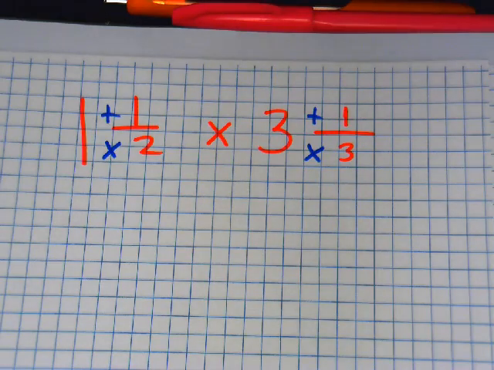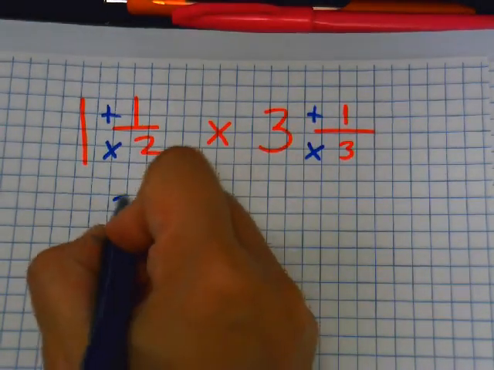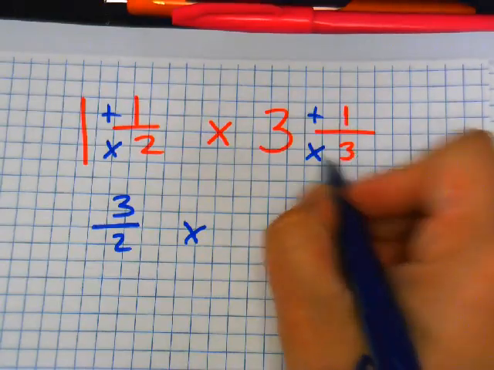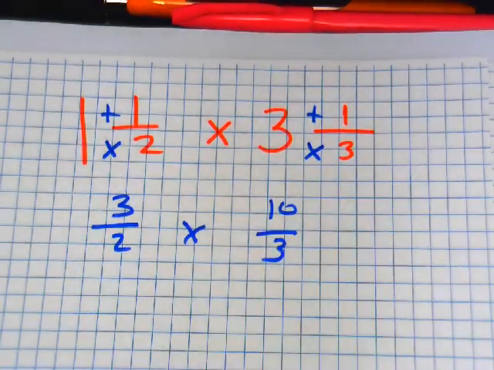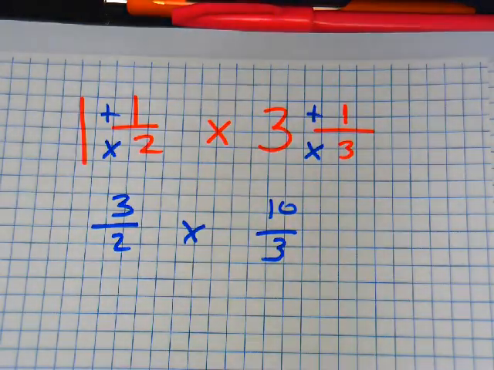All right, that's 3 over 2 times 10 over 3, right? Did that pretty fast. All right, simplify the corners.